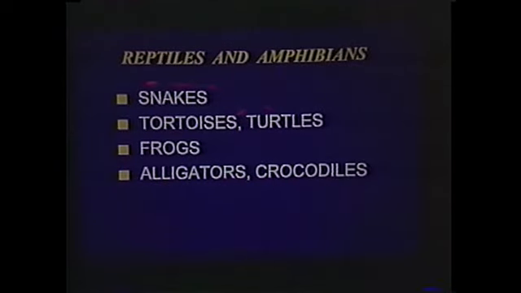The first group of animals represent snakes. However, I would like to make you familiar with some diseases affecting tortoises and turtles, a little bit on frogs, and finalize the presentation with diseases affecting alligators and crocodiles.